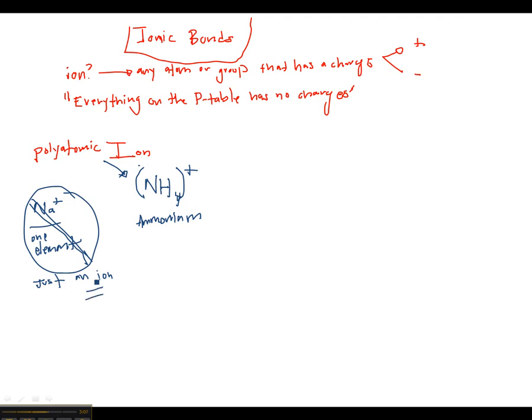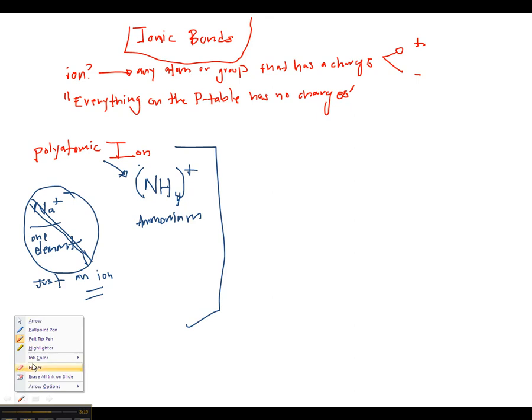Some other things you might want to remember about ions is that ions form ionic bonds. So, just making sure we have this straight before we move forward: what is an ionic bond?